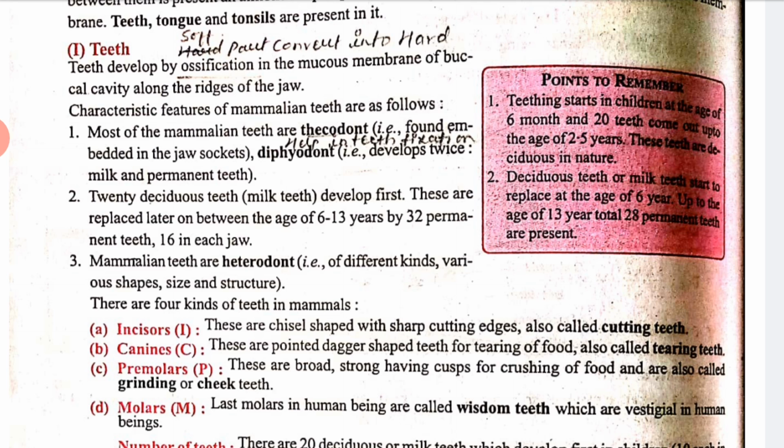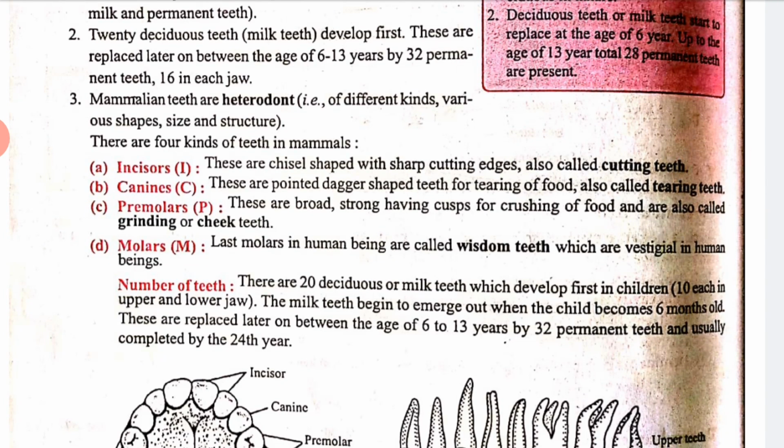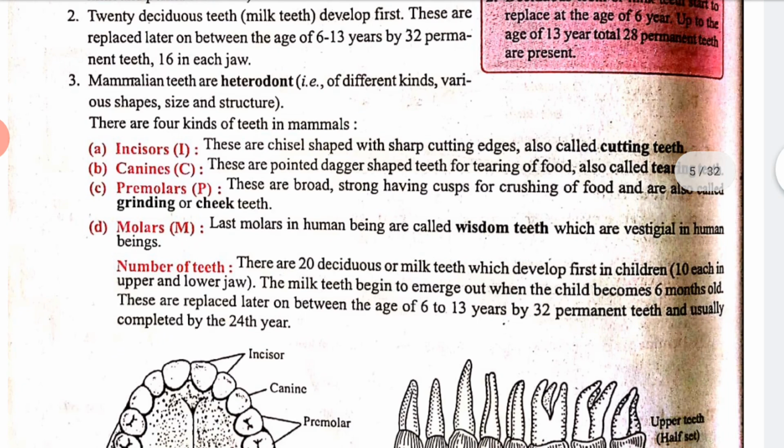So 16 plus 16 equals 32 permanent teeth. Let's talk about the names of the teeth. In mammals, teeth are heterodont, that means of different kinds, with various shapes, sizes and structures. They are generally of four kinds: incisors, represented by I, canines by C, premolars by P and molars by M. I'll show you how it looks.